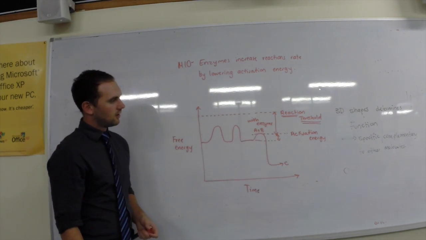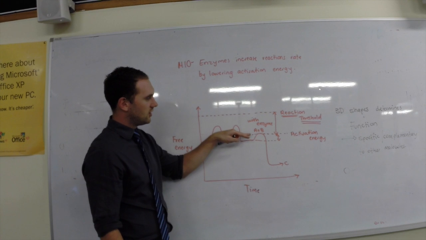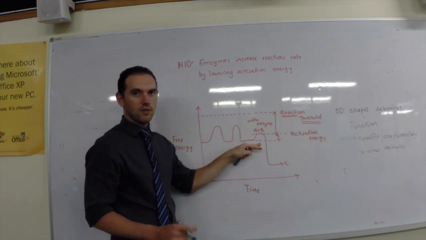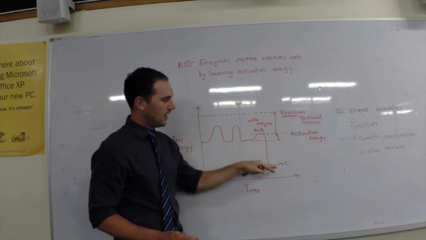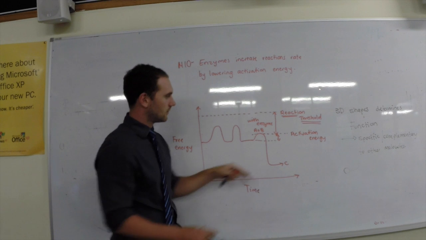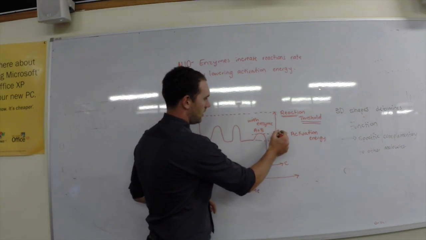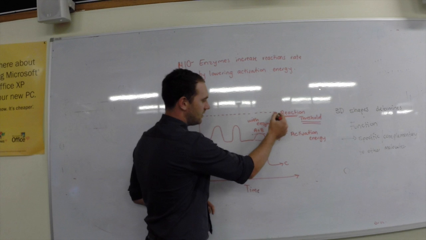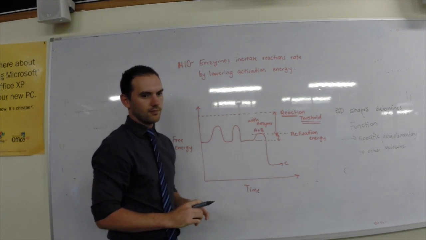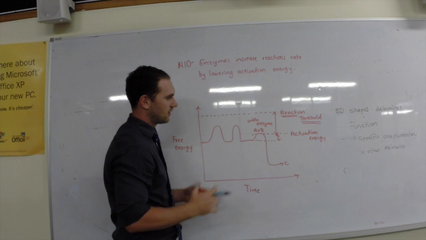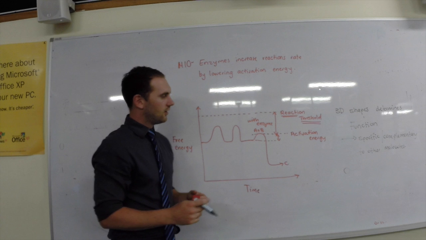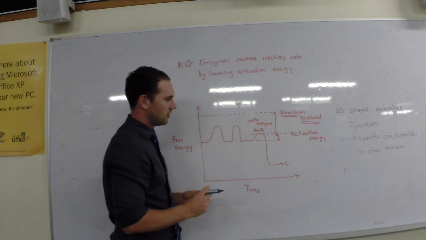So with an enzyme, the activation energy becomes lower, and therefore our molecules are more likely to reach that threshold and then react and produce C. What was that distance again? Distance from reaction threshold to activation. The difference in here is either with or without an enzyme. So this is the reaction activation energy with or without an enzyme. Okay? So sometimes it's drawn a little bit differently, and I'll show you that in a sec.